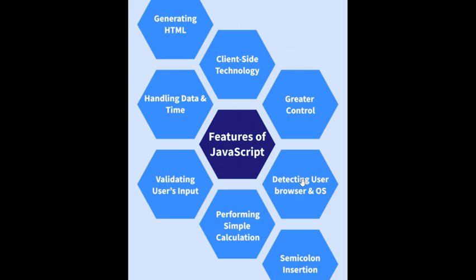Using JavaScript we can perform simple calculations, and also handle date and time. Basically, if you have a database and you want to add some more data to the database, there should be an interconnection between the database and the front end. For that also we will use JavaScript.